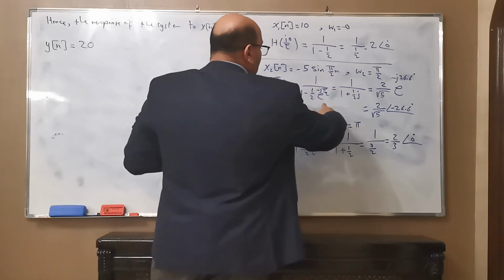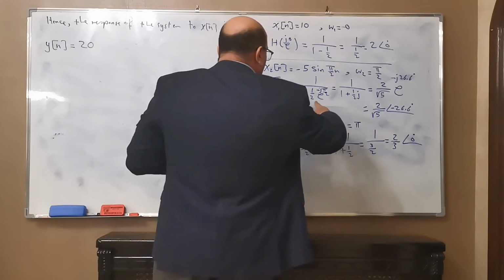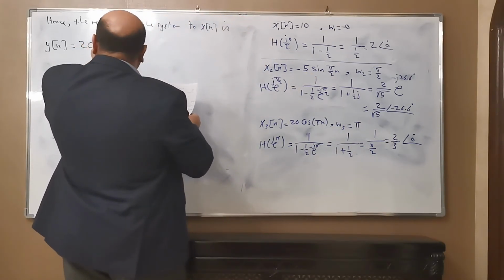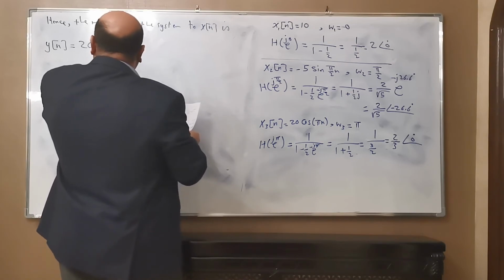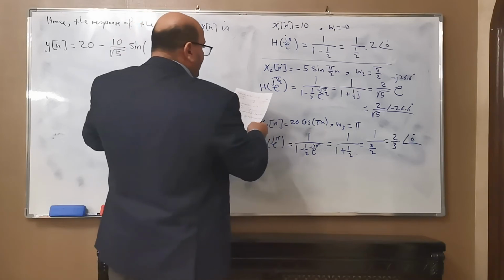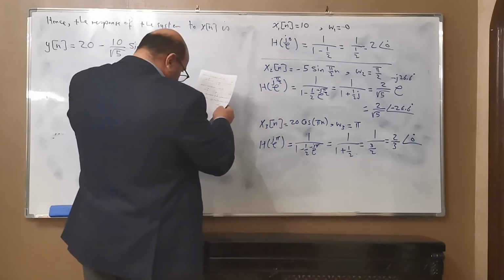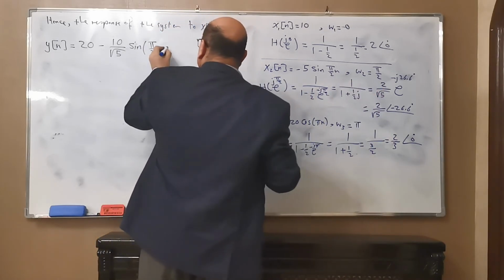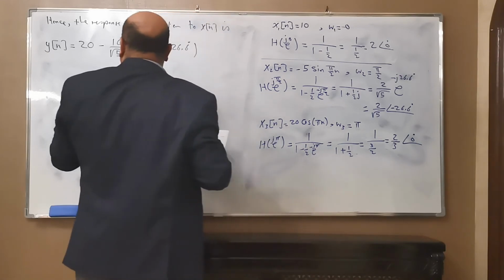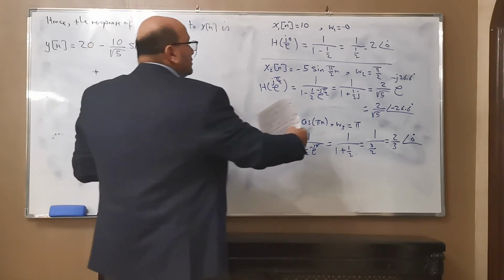The second one, you have 2 over square root of 5 as a gain, multiplied by −5, so it's −10 over square root of 5 times sine of the same frequency times n, but with a phase shift of −26.6 degrees.